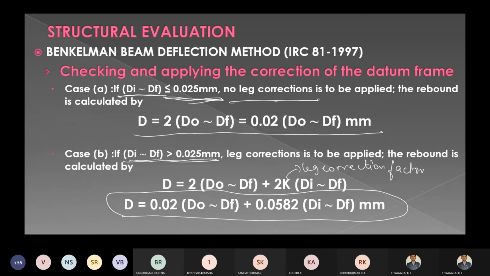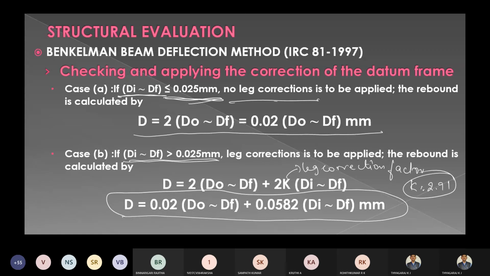The correction can be applied using a leg correction factor K. Let me check what that K value is. So 2.91, okay, K is equal to 2.91. That will be the K value we consider for determining the corrected deflection.